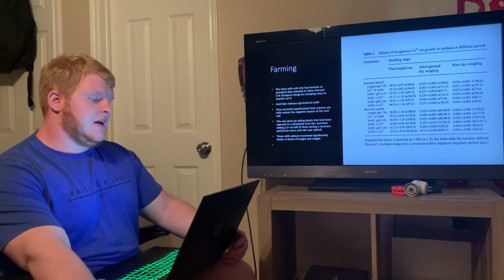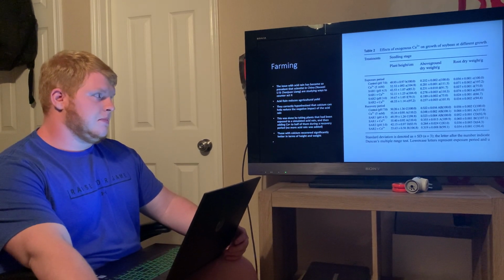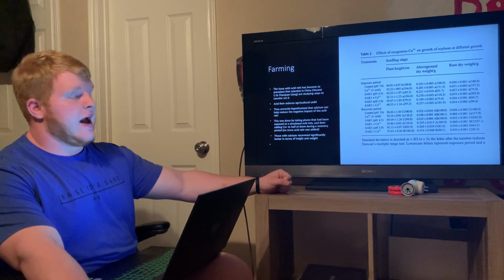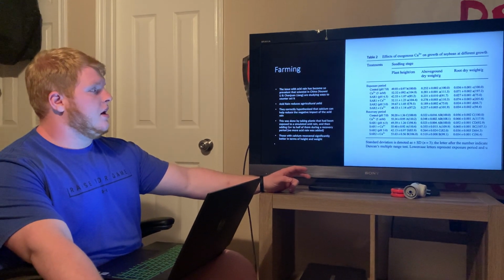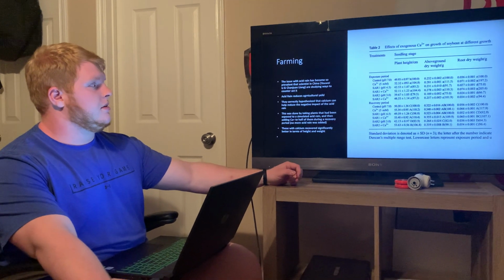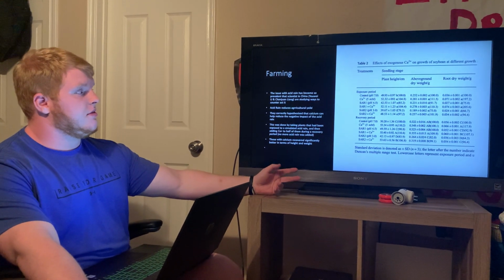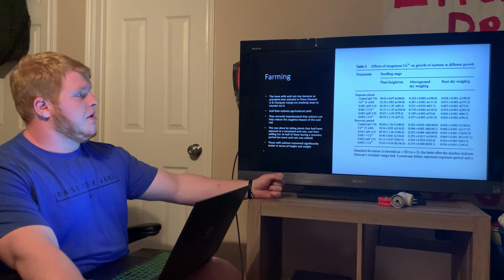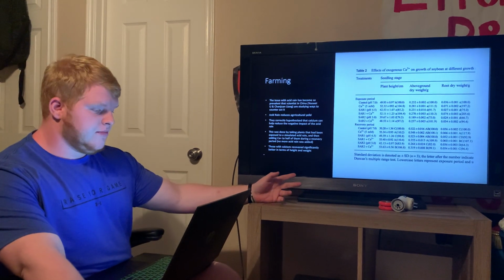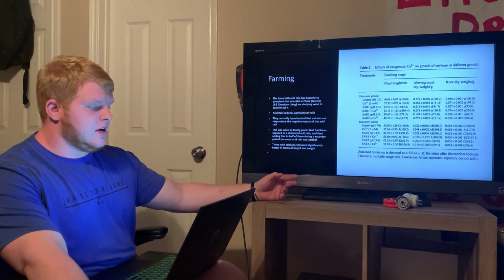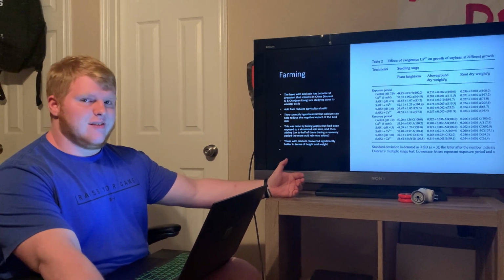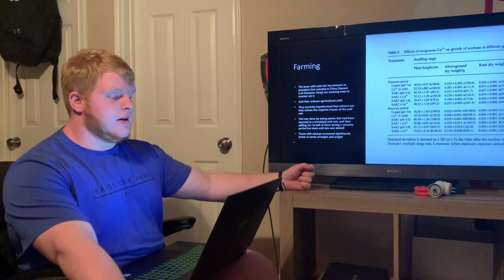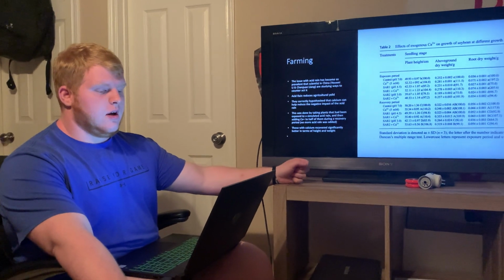Because acid rain is impacting their agricultural yields in China, they tried to come up with a way to reverse it, and they correctly hypothesized that calcium can help reduce the negative impact that acid rain may have on crops.